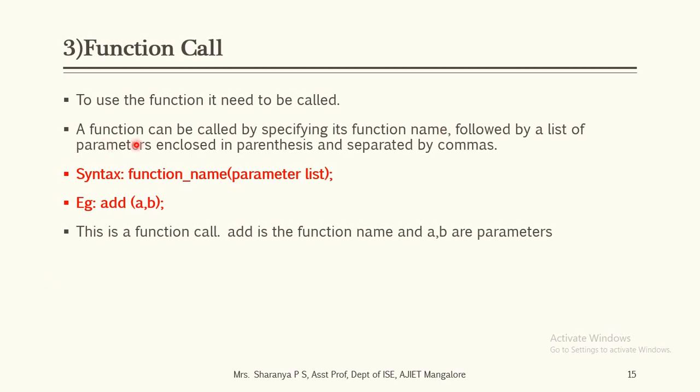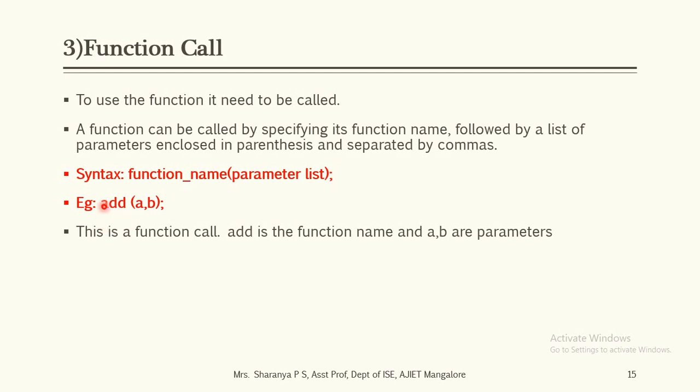The way we use a function call is, we mention the function name followed by a list of parameters enclosed in parentheses and separated by commas, with a semicolon at the end.